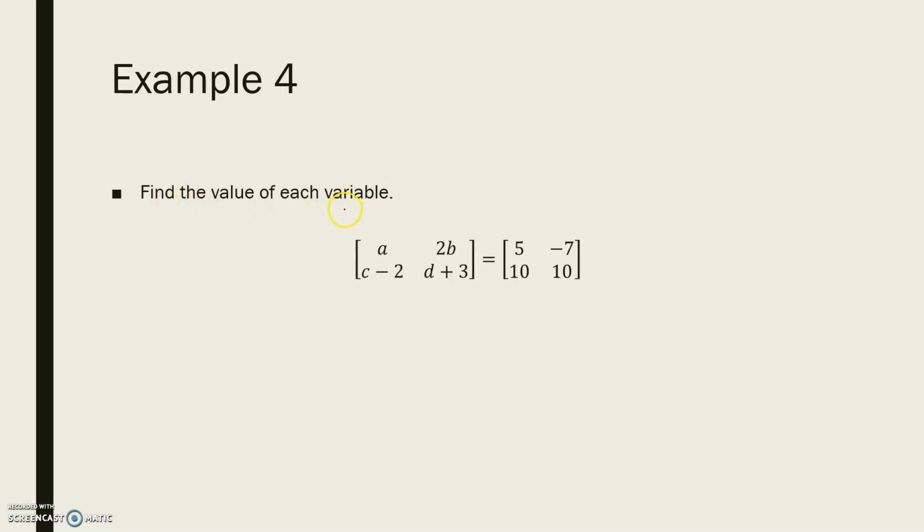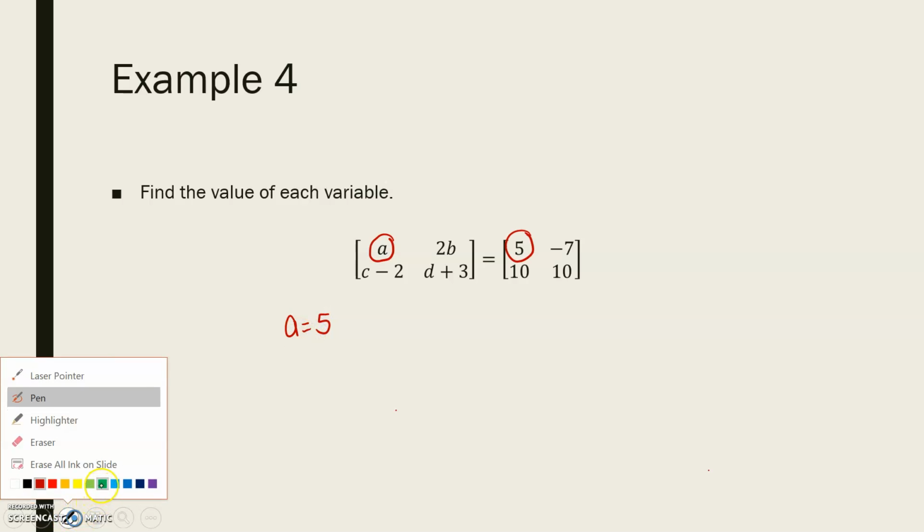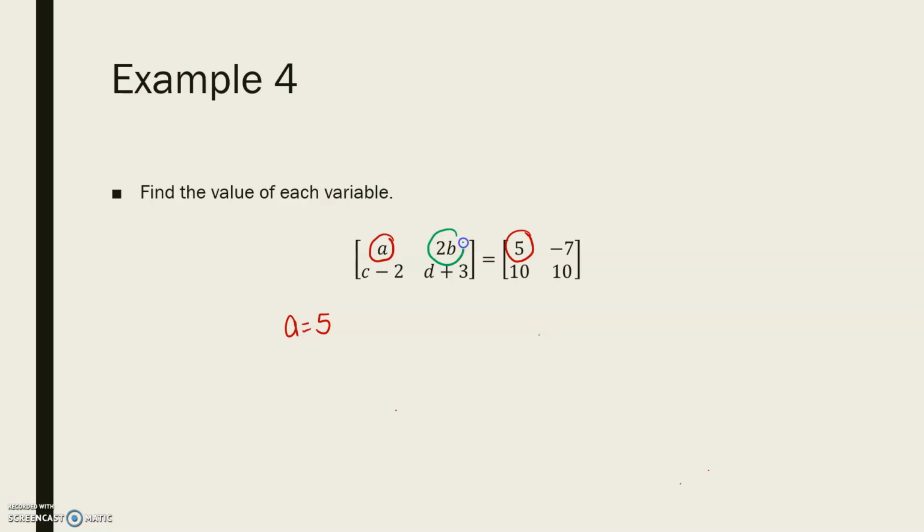Find the value of each variable. They've told us that these two matrices are equal to each other. So essentially what I'm saying is, okay, A is equal to 5. Right there, I have 2B is equal to negative 7. So to find B, I would divide both sides by 2.